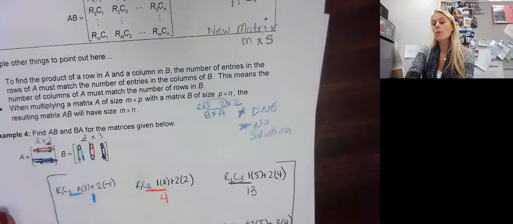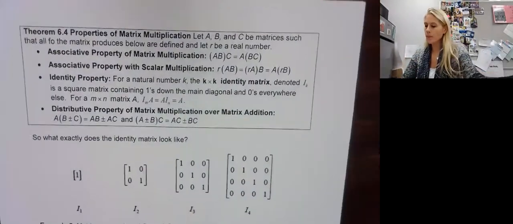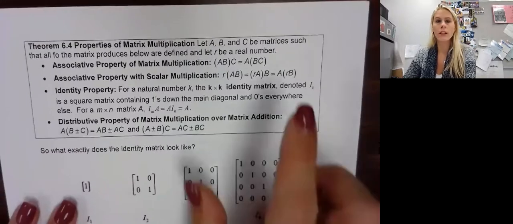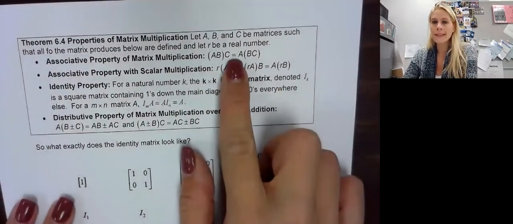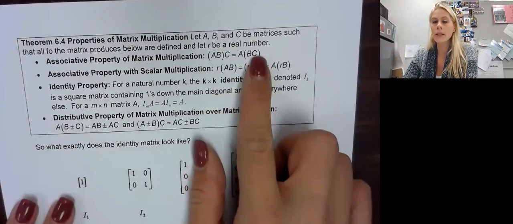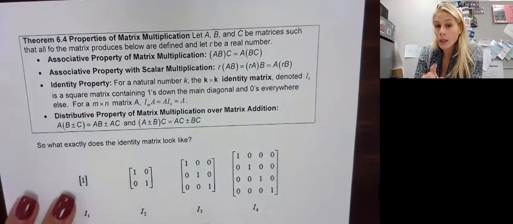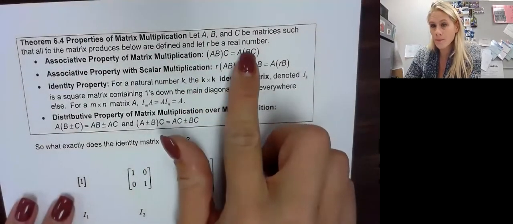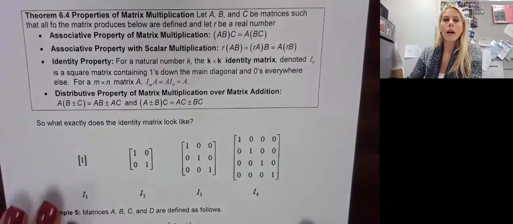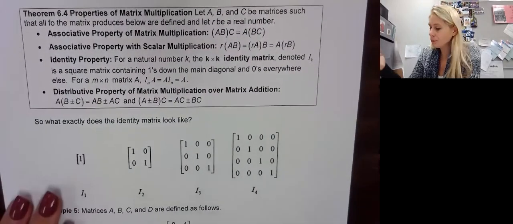Okay, so the commutative property does not work, but associative does. So A times B and then times C is the same thing as B times C and then A. Now what I want to show you with the associative property is that the order is still the same. All right, scalar multiplication.